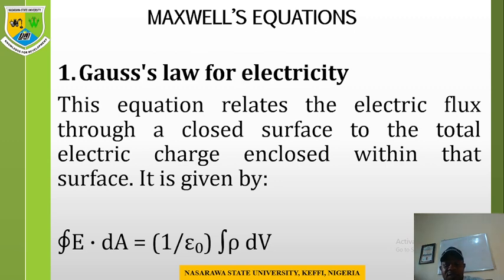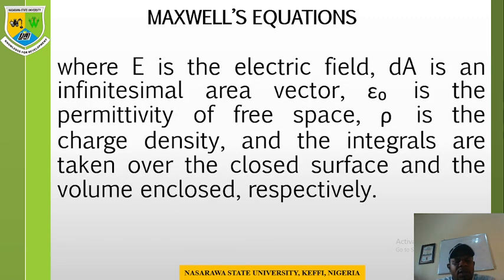The definitions of these letters are as follows. E is the electric field, dA is an infinitesimal area vector, epsilon naught is the permittivity of free space, which is a constant. Rho is the charge density. And the integrals are taken over the closed surface and the volume enclosed, respectively.